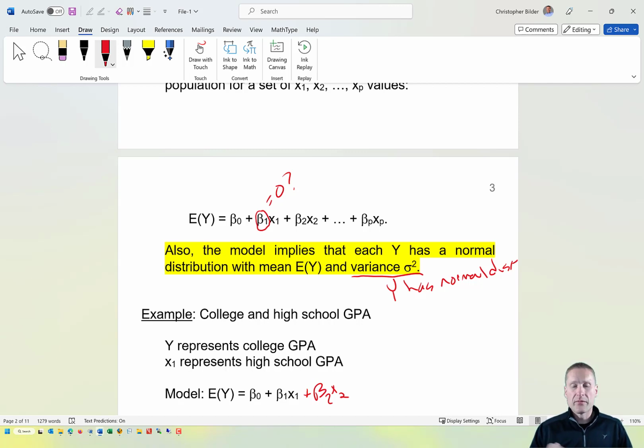or not. If beta 1 was, let's say, greater than 0, then what that says is that as x1 increases, what I expect y to be on average also increases. So because of that, we often refer to this as a positive relationship. If beta 1 was less than 0, that says I have a negative relationship. As x1 increases, expected value of y goes down.